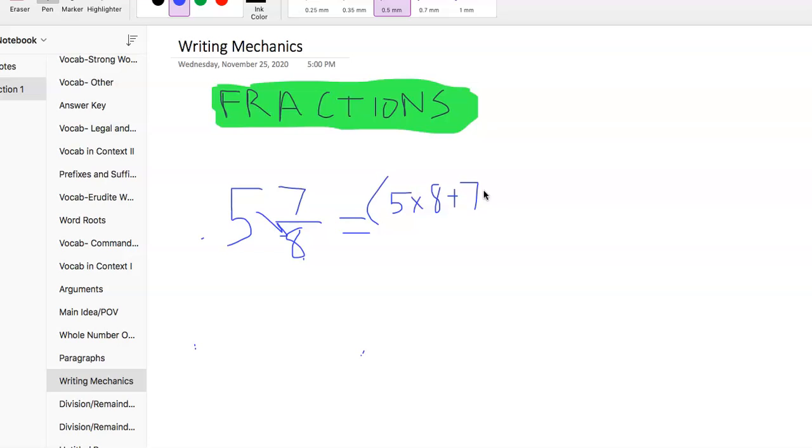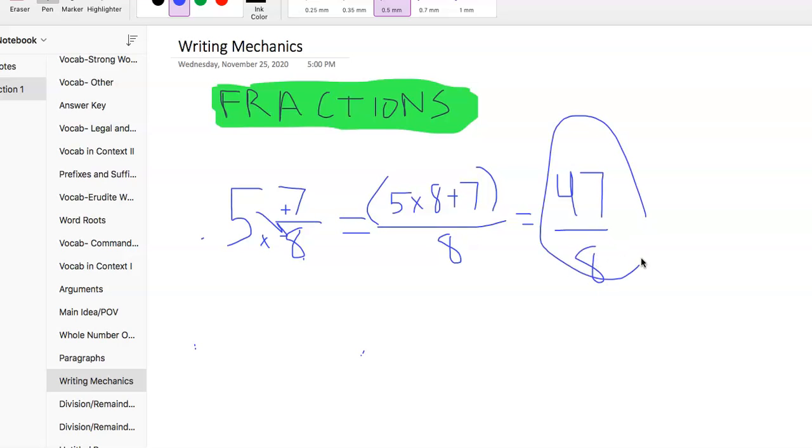So it's really pretty simple arithmetic, all over, and we leave the 8 down there. It's just a question of knowing what to do, right? So it's 5 times 8 plus this thing. Okay, 5 times 8 is 40. 40 plus 7 is 47. All over, we keep that number the same. There we go. That's our final answer.